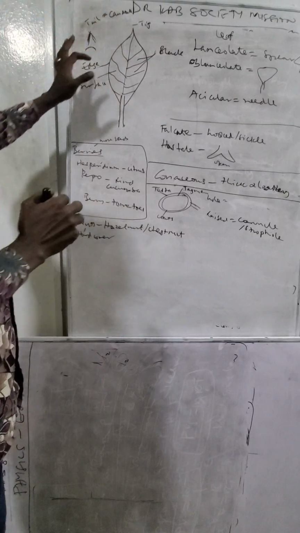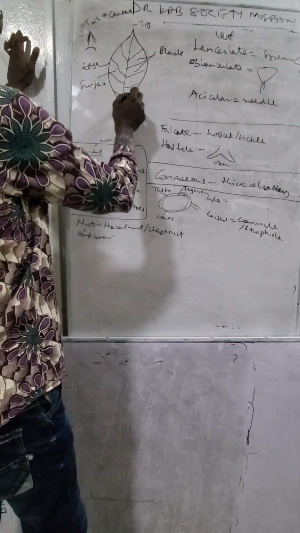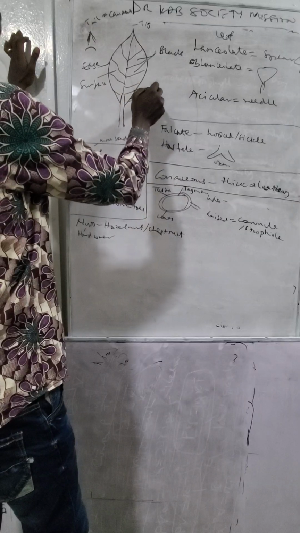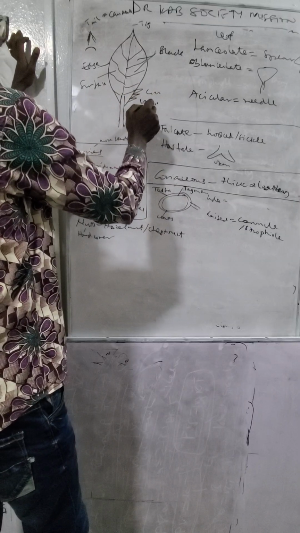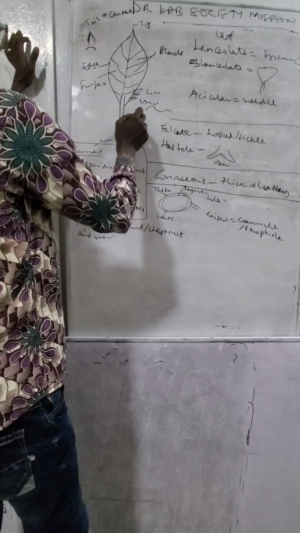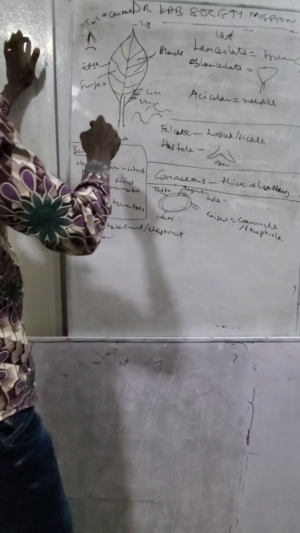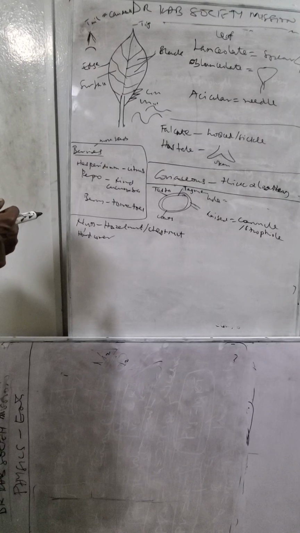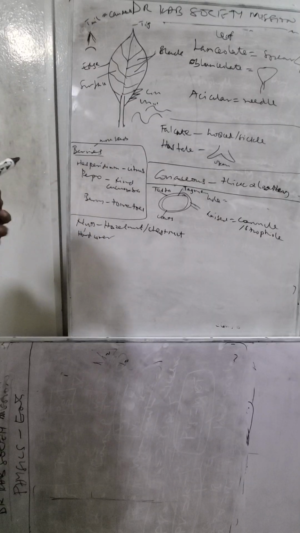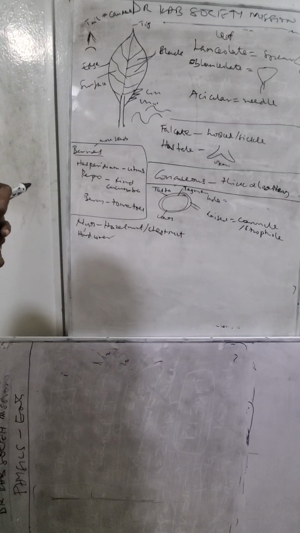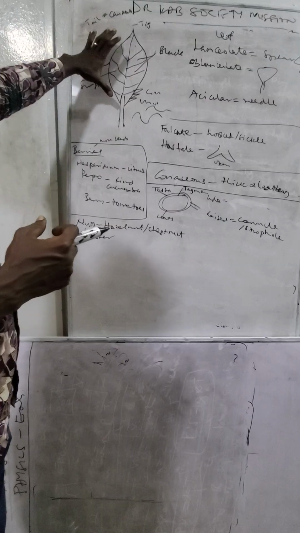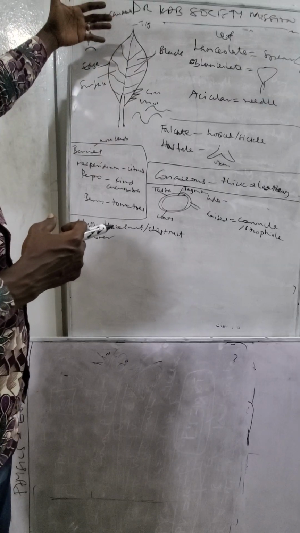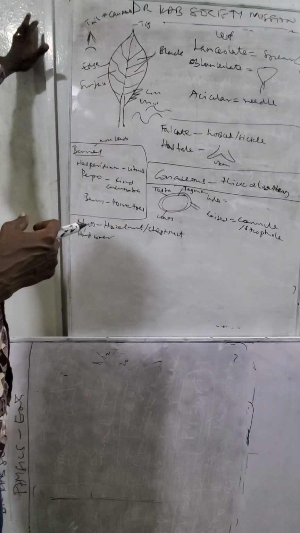Then we come to the edge. The edge can be serrated, can be in contours, undulating, can be sinuate, crenated. So the various forms, depending on what you have been asked to describe, you can get a lot of terms to describe them.